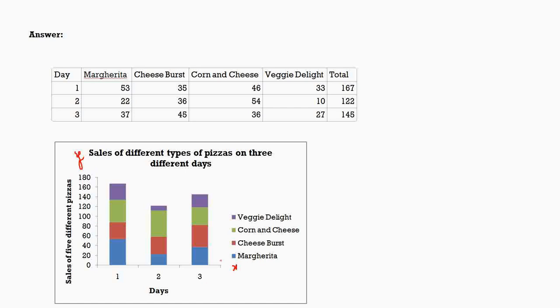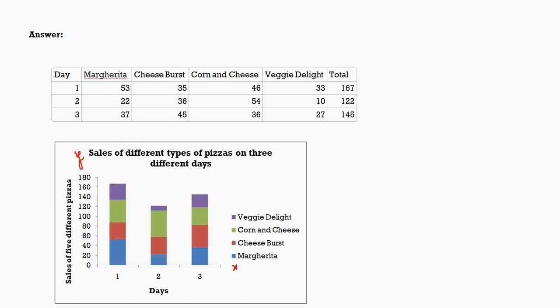So what we are going to do here is, first we need to mark the total. The total is 167 for day 1. So we will mark 167 here. After that, for the first pizza type, that is margherita, it was 53. So 53 we will mark and we'll shade that as one color representing margherita. Then the next one is cheese burst, which is 35.